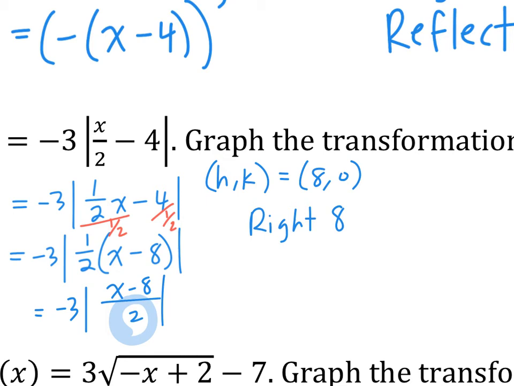It's whatever is in the denominator. So in this case, C equals 2. Is it going to be a stretch or a compress? Stretch, because that number is bigger than 1. Okay, so it's horizontal. Stretch by 2.